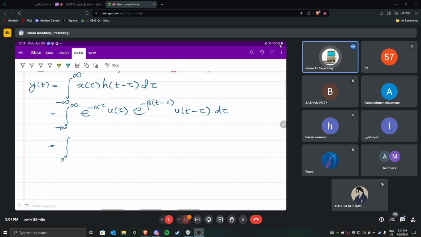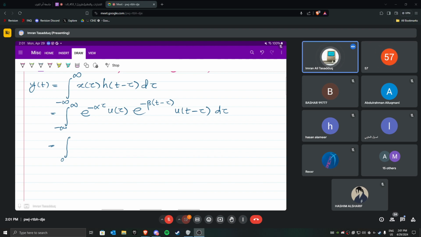Now, when I ask about the upper limit, someone other than you two should answer. What should be the upper limit? Because I know you guys know it. Infinity, doctor. Why? Because it's a unit step, so the limits are from 0 to infinity.